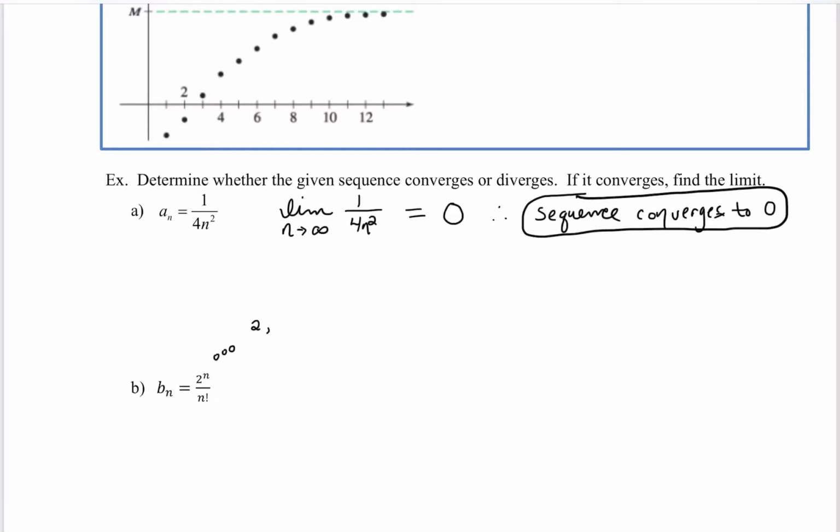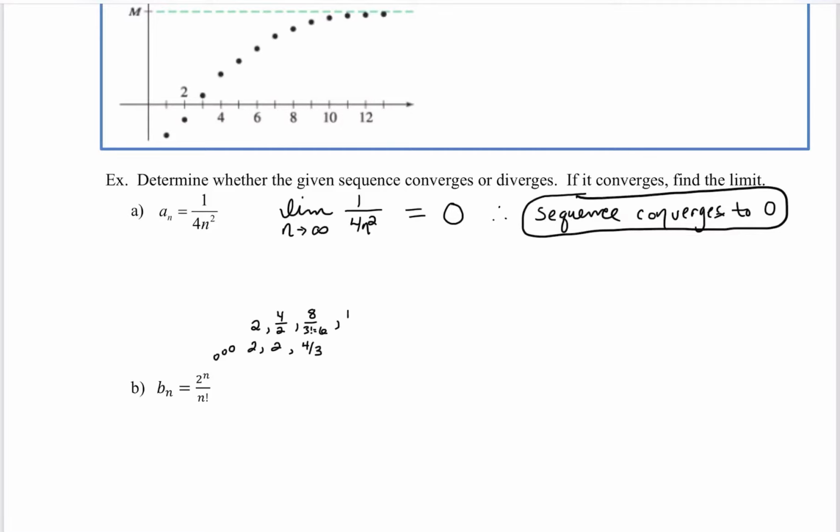And then 2 to the second, so that would be 4 over 2 factorial, so 4 over 2 would be 2. If we did 2 cubed, that would be 8 over 3 factorial, so 3 factorial is equal to 6. So 8 over 6 would reduce to 4/3.